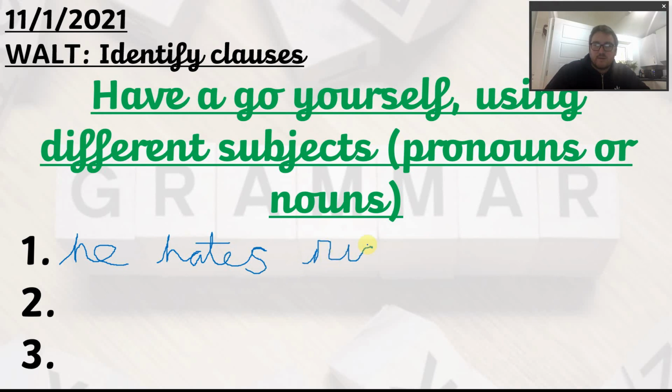It's obviously not written about me. So I've got a different subject, which is he, and I've chosen a different object as well, which is rugby. You have to excuse the writing, I've done it with a mouse. But if you pause the video now, guys, and have a go at your own 3 and get those written down.